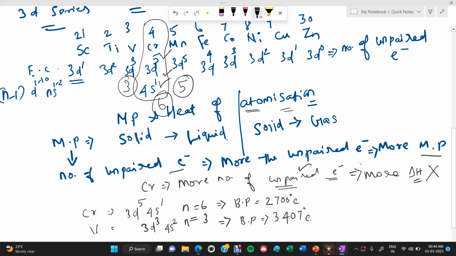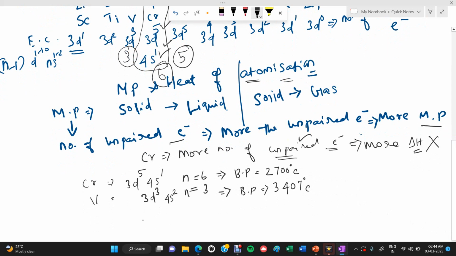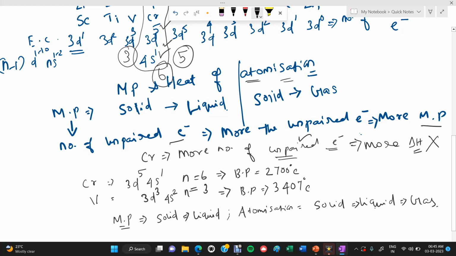So what is enthalpy of atomization actually? In melting point, we are just changing solid to liquid. But in atomization, we are converting solid to liquid and then to gas, right?